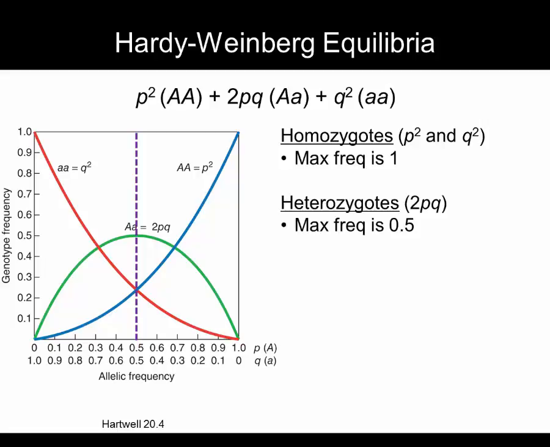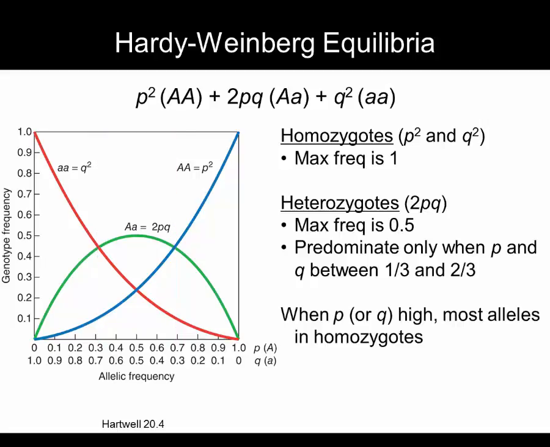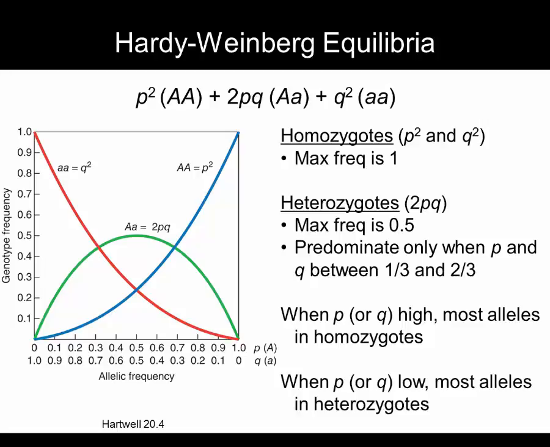Note that the frequency of heterozygotes never goes above half, though it is the most common phenotype as long as neither allele frequency is above 2/3. Finally, note that when the allele frequency is high, most of the copies of that allele exist in homozygotes. But when the allele frequency is low, the majority of alleles that do exist are found in heterozygotes.